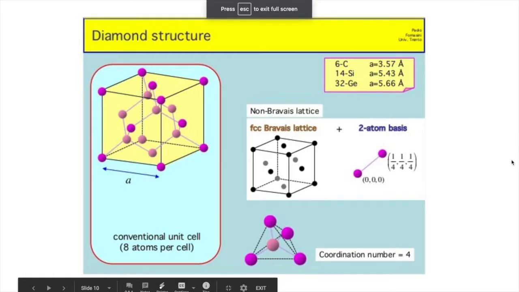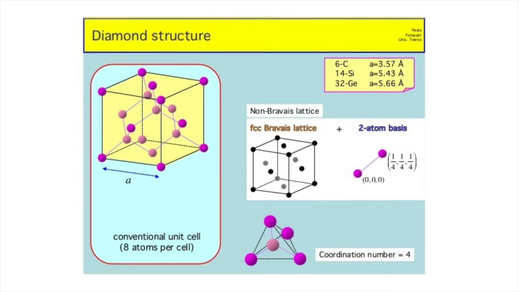All right. So this is a slide that's looking at the diamond structure, and we just talked about this being silicon, but it could also be other structures. Carbon and germanium also have the same structure. So if you look at a unit cell of anything that has the diamond cubic structure, this is what you're going to see.